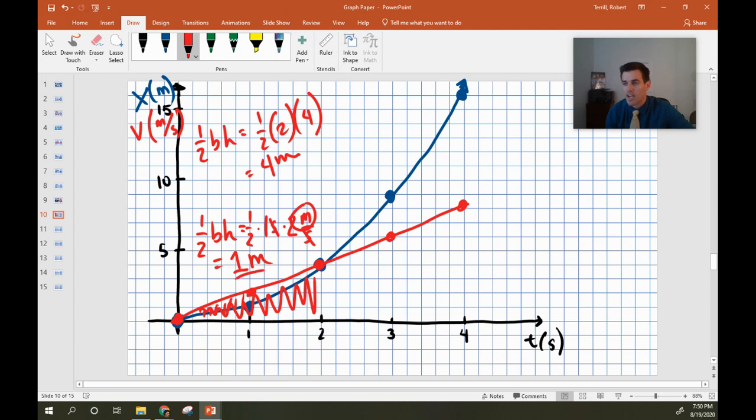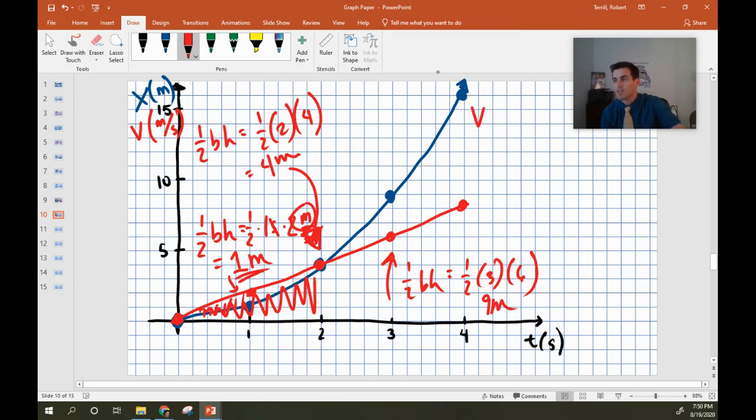Here, the blue dot was at 1 meter. Here, it's at 4 meters. Probably, if I calculate my next one, 1/2 base times height all the way from 0 to 3, I would get 1/2 times 3 times 6, and I'm going to get 9 out of there. Oops, I shouldn't write an exclamation point. That makes it look like it's factorial. So it's 9 meters.